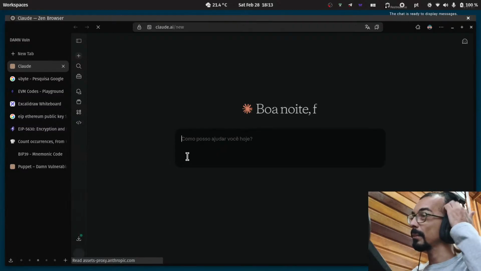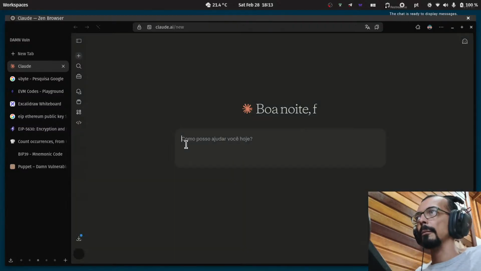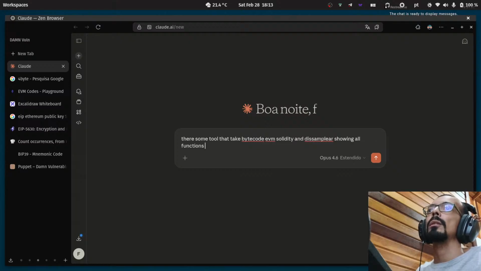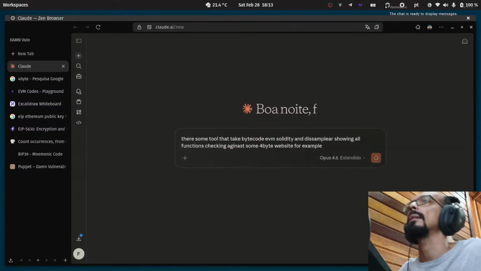And I can ask like, there are some tools that take bytecode, EVM, solidity, and disassembler, showing all functions, checking against some 4-byte website, for example. But let's see if that already exists.